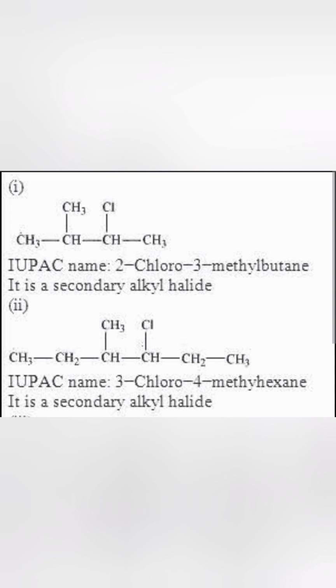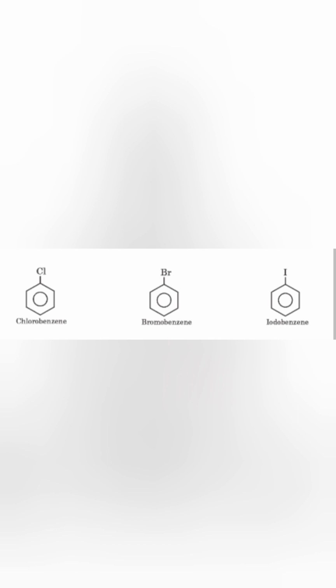The name is 2-chloro-3-methylbutane for the first compound and 3-chloro-4-methylhexane for the second compound. The naming for both compounds will start from the right hand side. Chloro is written first because alphabetically C comes first, so 2-chloro-3-methylbutane.